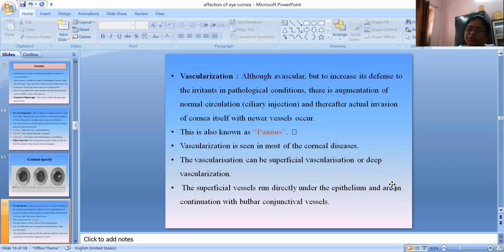There is augmentation of normal circulation, that is ciliary injection, and thereafter actual invasion of the cornea itself with newer vessels occurs. This process is also called pannus, right?